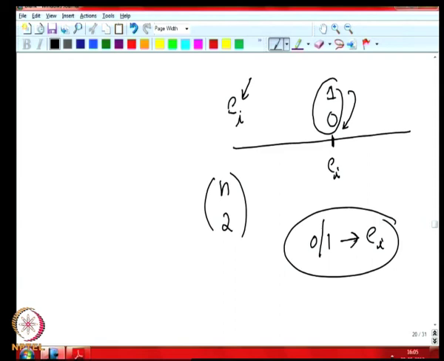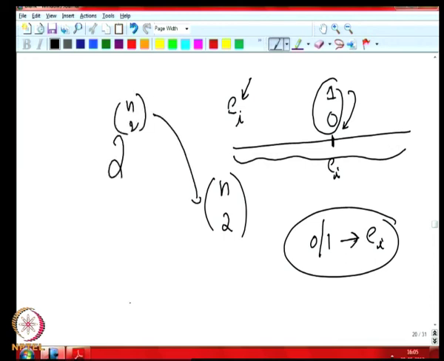Now, how many strings are possible? There are 2 to the power n choose 2 strings possible, because there are n choose 2 positions available. Any graph will correspond to a string this way, and conversely, if you have any string, we can define a graph based on that.